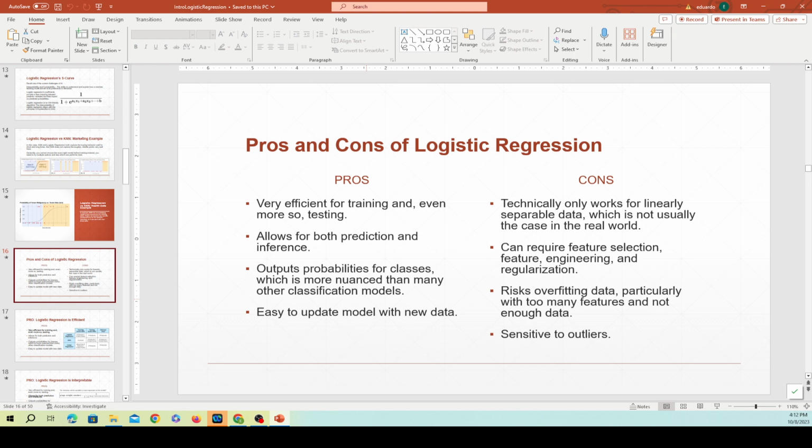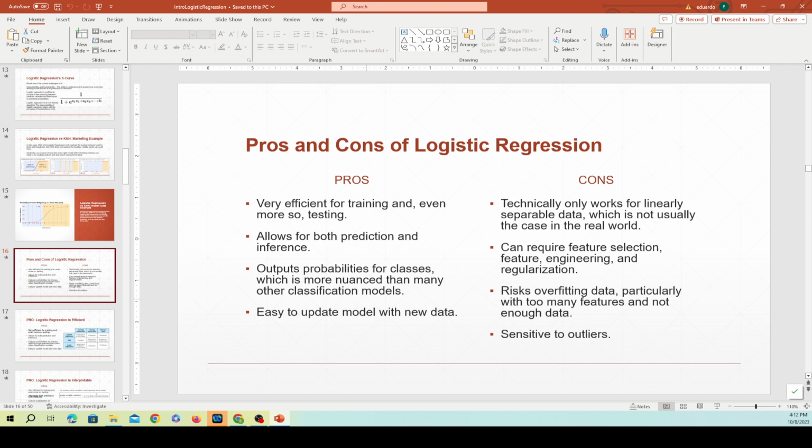Another pro is that it's very easy to use and easy to update the model with new data. The cons are that it technically only works for linearly separable data. We'll talk about what that means, which is not usually the case in the real world. It can require feature selection, feature engineering, and regularization.